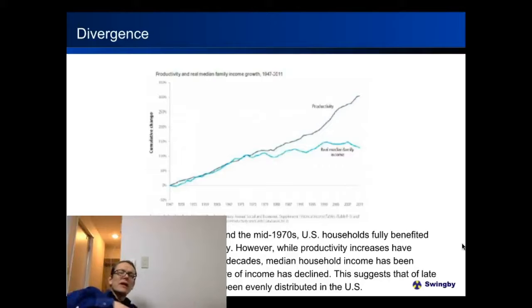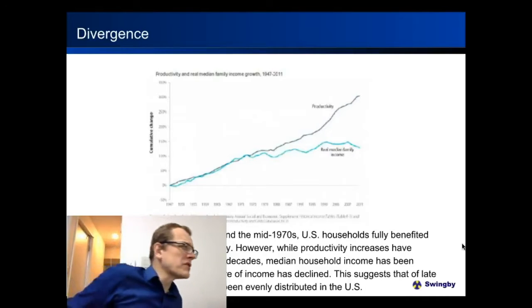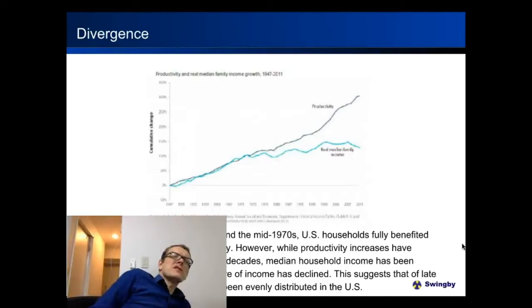Why? Well, if we have to believe Solow, the production function of Solow says that production can be measured as the output of labor input and capital input. So that means that if the reward for the labor component has not increased, then the reward for capital must have increased, right?